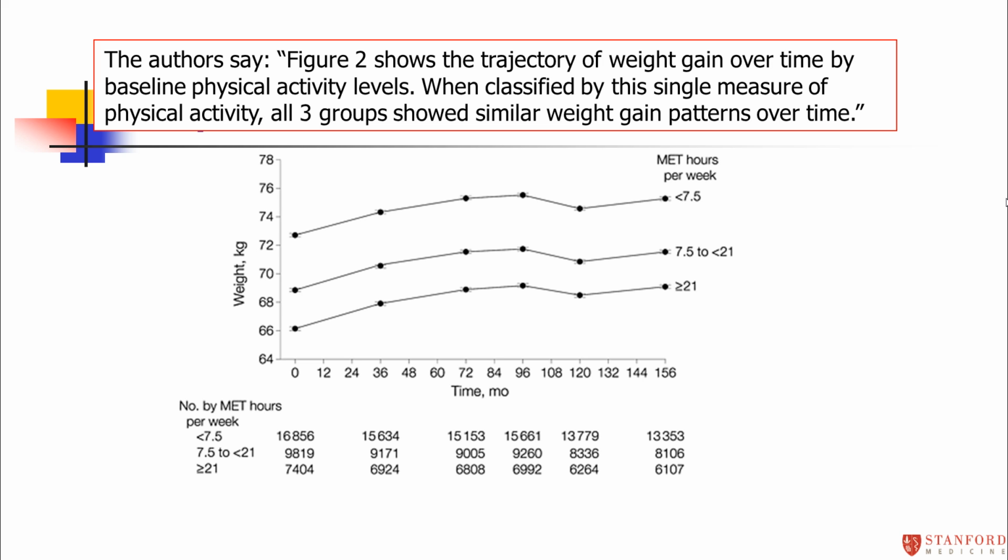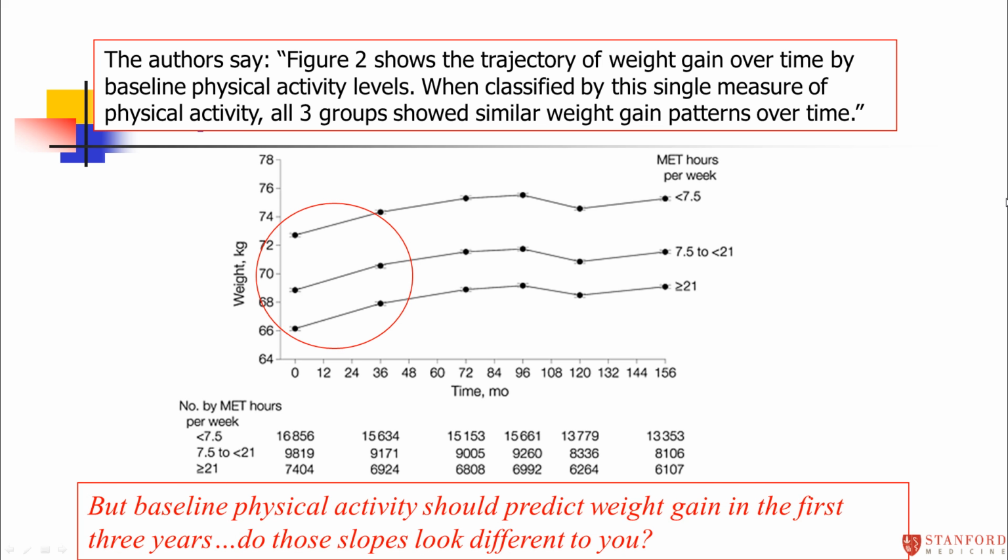And the way to show that is actually just to look at the first 3 years of the study. The way the model is set up, your exercise level at the beginning of one 3-year interval is supposed to predict your weight change over the next 3 years. Well, look at the first 3 years of this study. Their model says that the baseline physical activity should predict the weight gain in the first 3 years of the study.